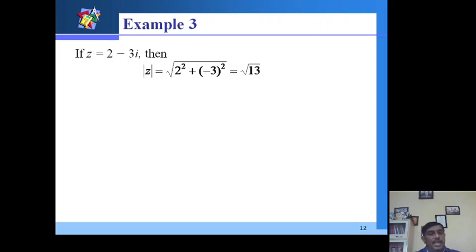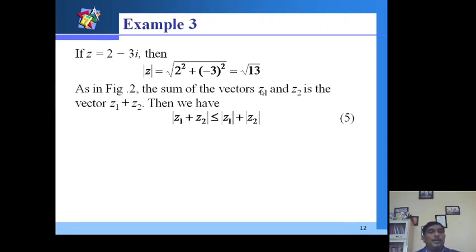We will give some examples related to this modulus. If z is equal to 2 minus 3i, then the modulus of z is the root of x square plus y square, where x is equal to 2 and y is equal to minus 3, so it is root 13.